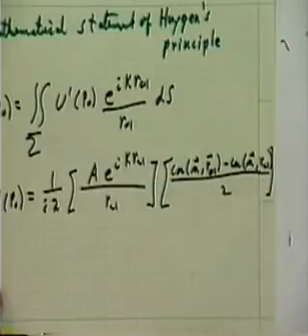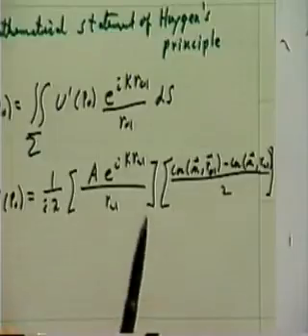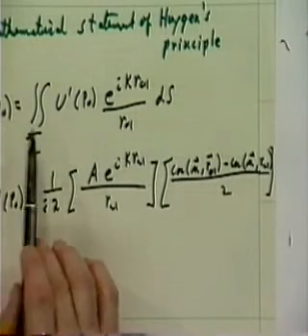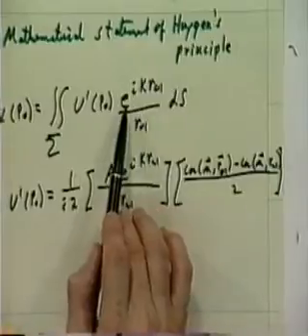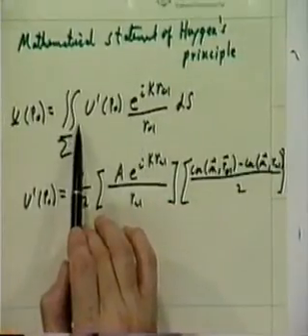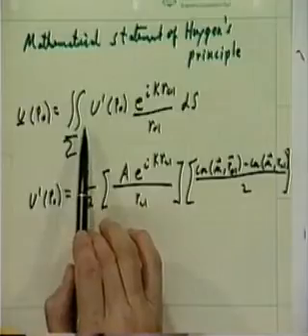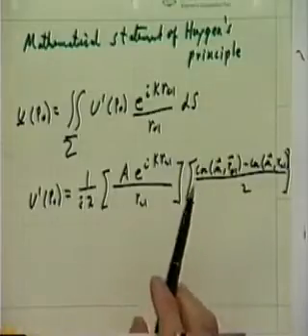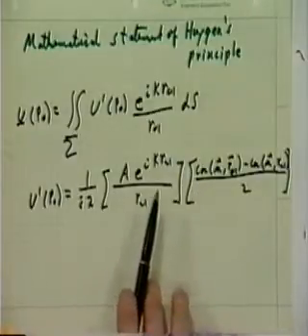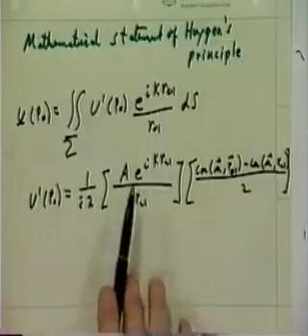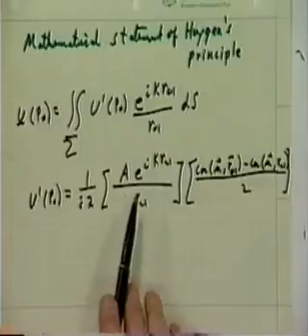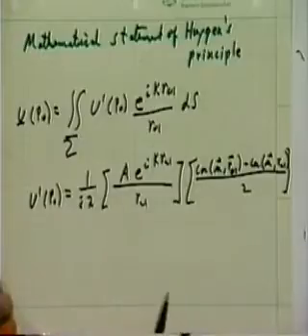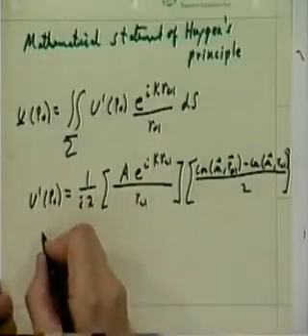divided by 2. And so what you can think of is that this disturbance we get here really comes from a collection of secondary point sources located within the aperture, and the amplitude of these sources is very similar to the amplitude of what is used to illuminate the aperture, except for three differences here.